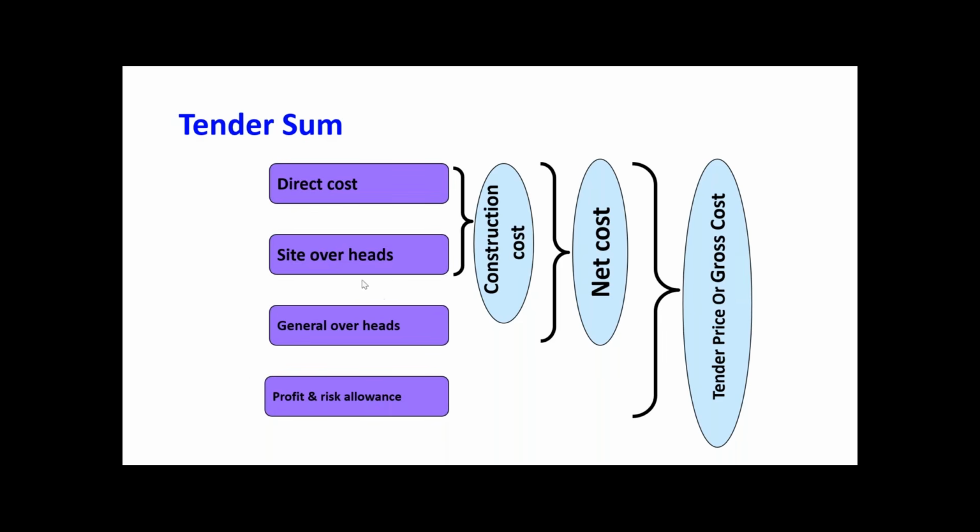Very good. Whereas if you feel so many items are missing because the prelim items are not all covered, so you don't have any other provision to price, what is going to happen to your margin? It's going to be higher, right? It's going to increase. So you have to understand that.